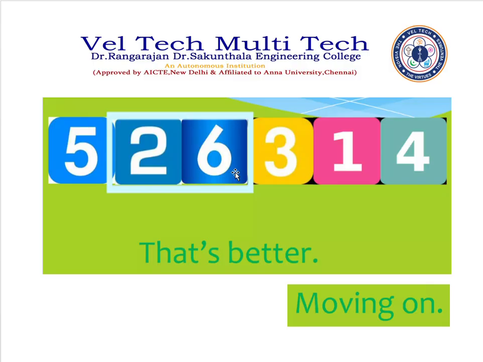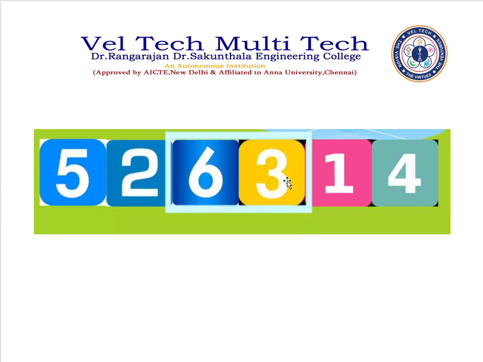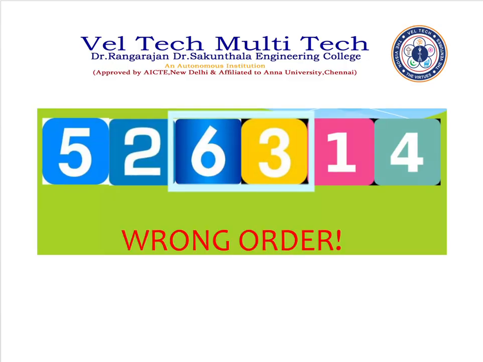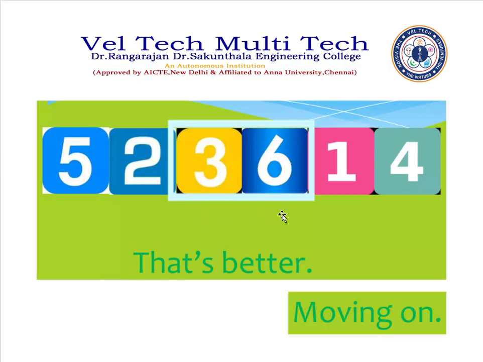Our next step is to choose the third and fourth elements. I'll show it here. See here, 6 and 3, again they are not in sorted order, wrong order. So we have to swap them again. Now it is in sorted order.